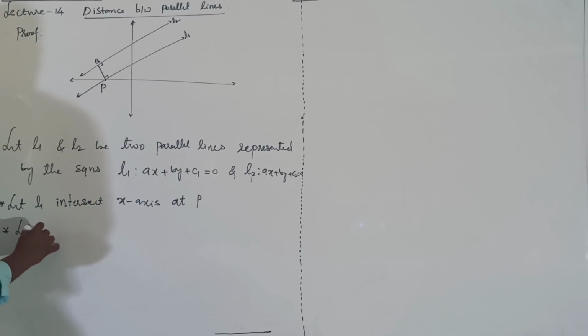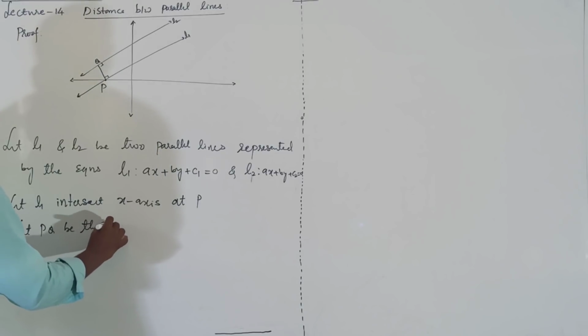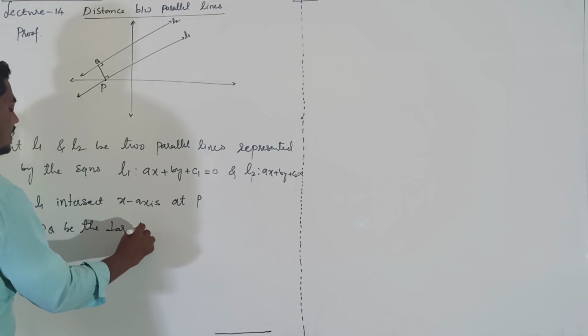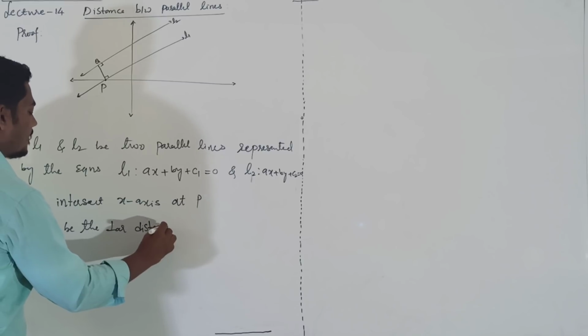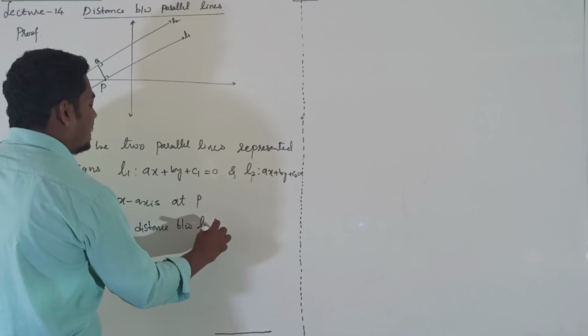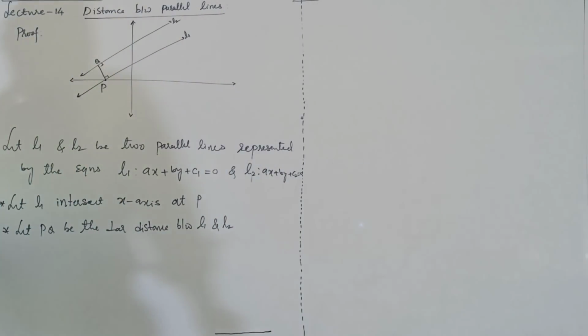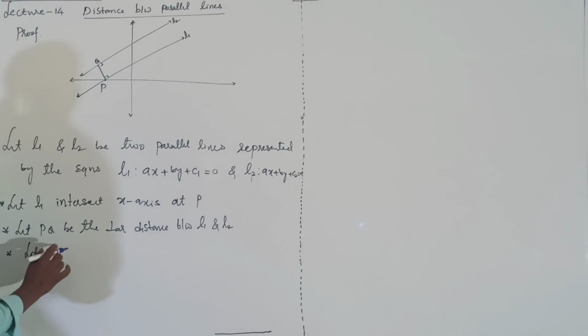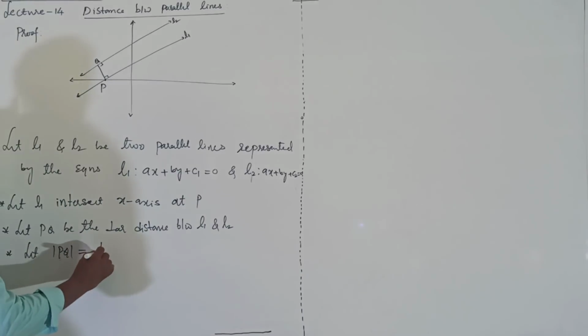Let PQ be the perpendicular distance between L1 and L2, right? PQ is the perpendicular distance between L1 and L2. Let us take magnitude of PQ, meaning length of PQ, equal to some distance d.